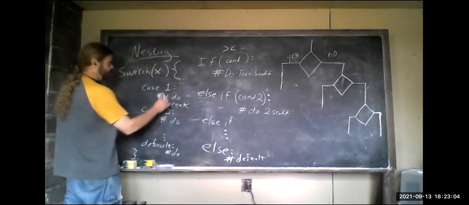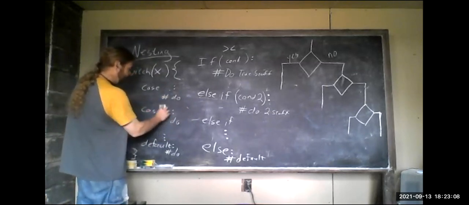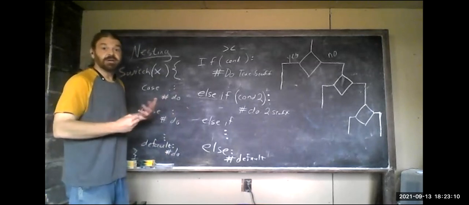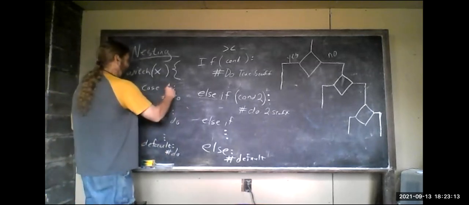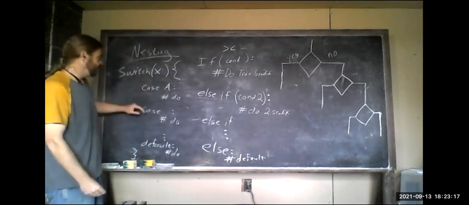Or for another case that might make sense, instead of numbers, maybe we're checking for letters and we want to know about vowels. So we have case A, and I'm definitely running out of room here.